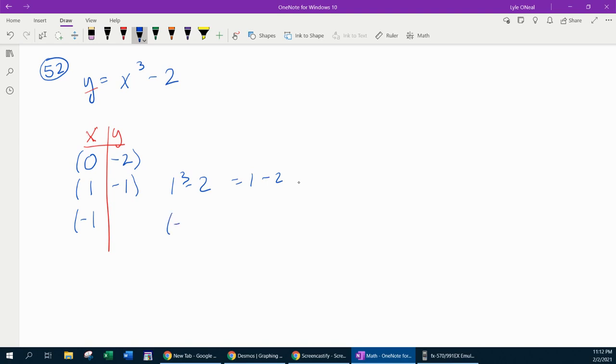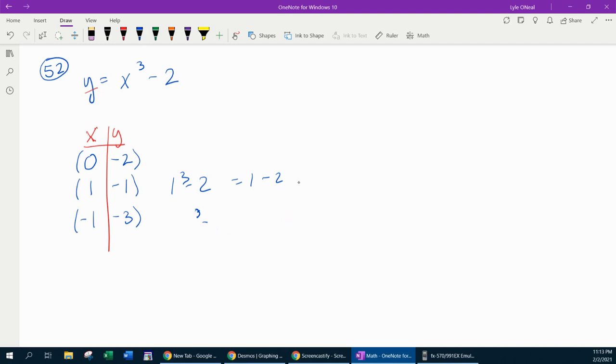And then -1 to the third minus 2. Notice that when I evaluate negative numbers, notice I use the parentheses there. That is important. Please make sure that you're putting parentheses around your negative numbers when you evaluate them. -1 to the third is going to stay -1. -1 minus 2 is -3.